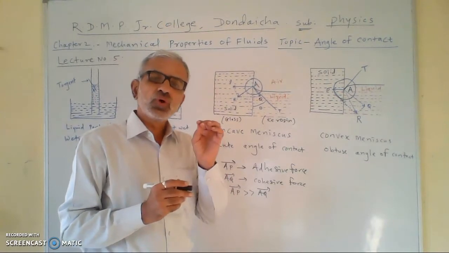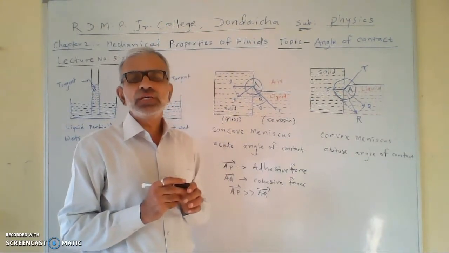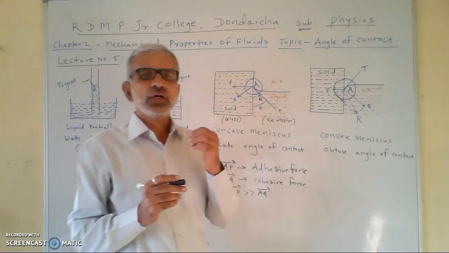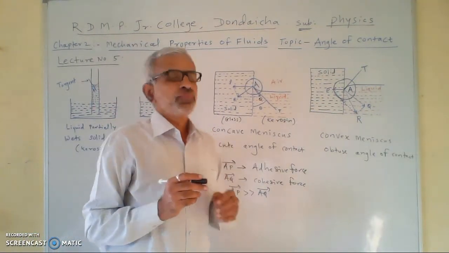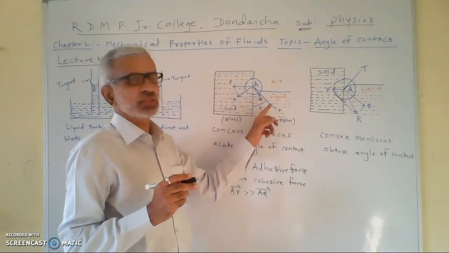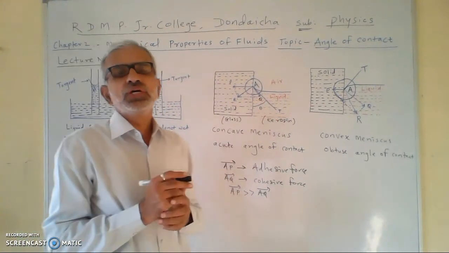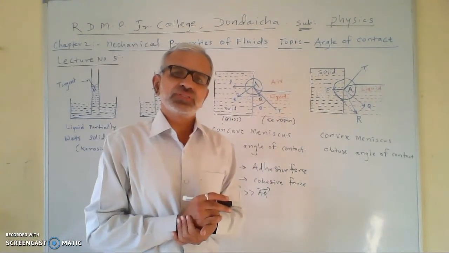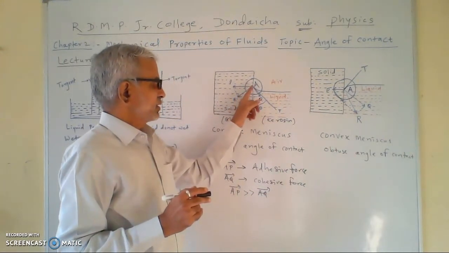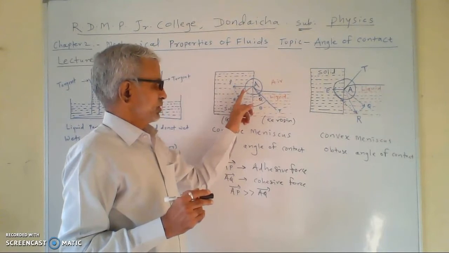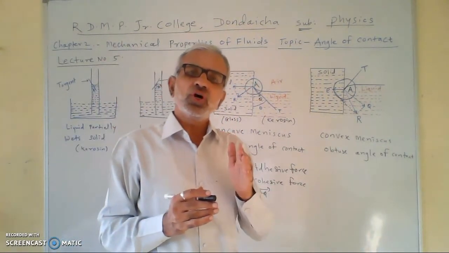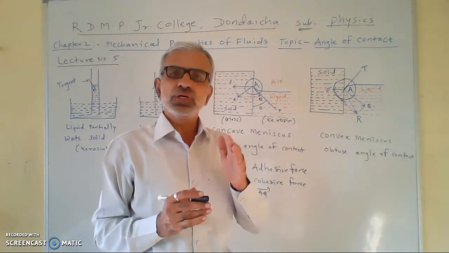Now what is the natural tendency of the liquid? In the stable condition, the liquid molecule is always normal to the surface. It means that the resultant of the two vectors should always be perpendicular to the surface.